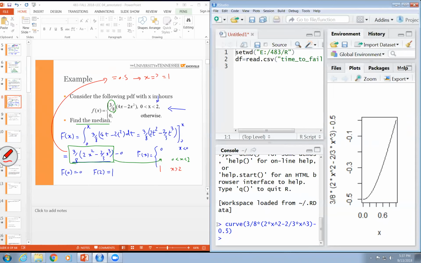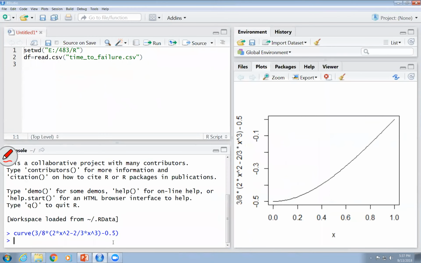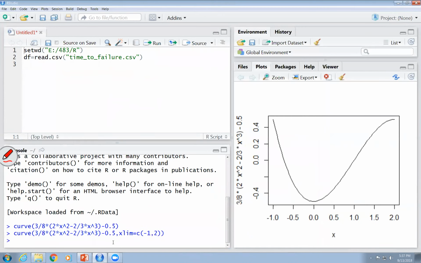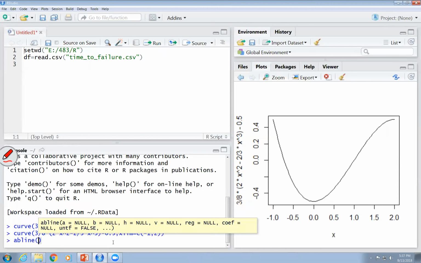Okay. So this is what I get when I plot it. Let's plot it when I have a little bit more control over this. So let's say xlim is from -1 to 2, concatenated, so it plots a larger range for me. Okay. So I can add a line, abline, horizontally at 0.